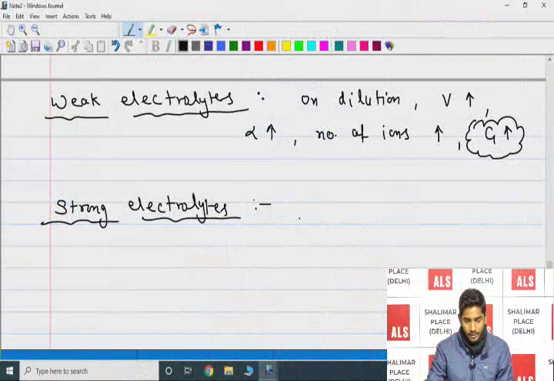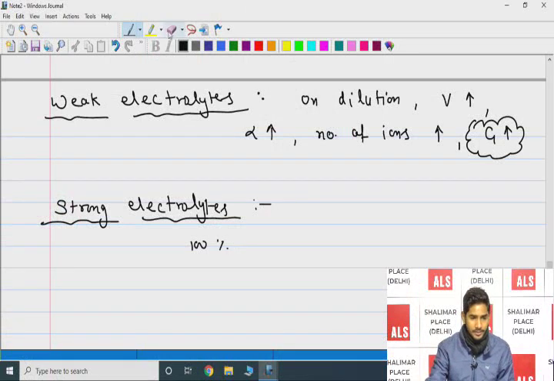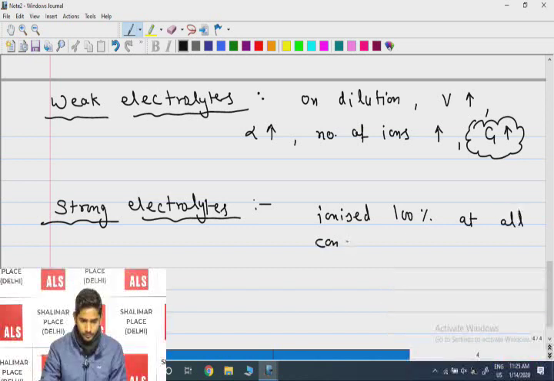And yes, you can remember one thing: strong electrolytes are ionized 100% at all concentrations.